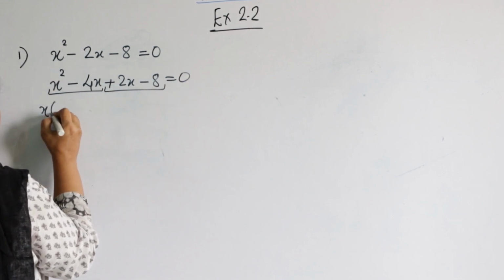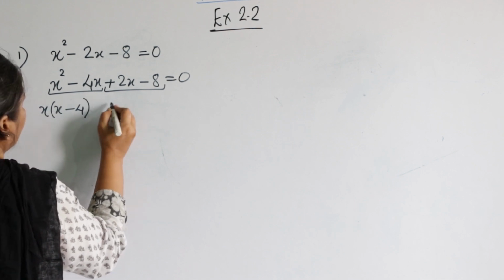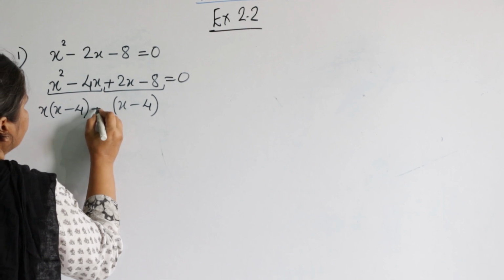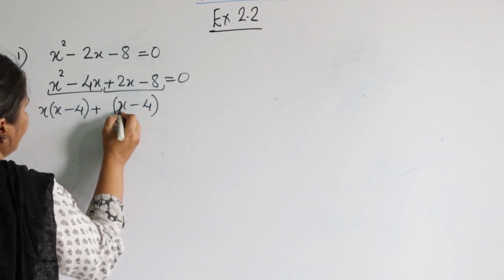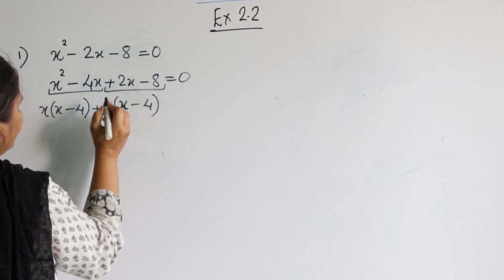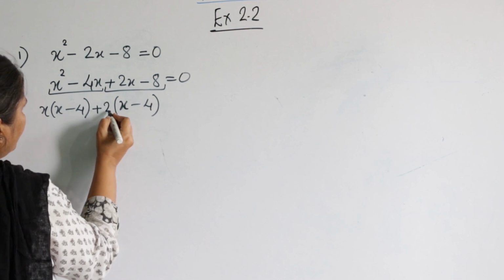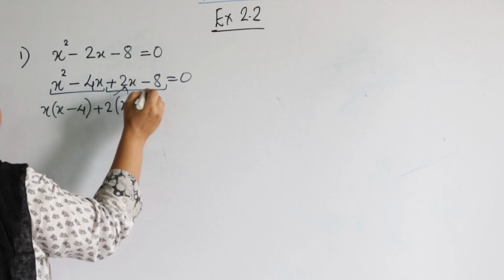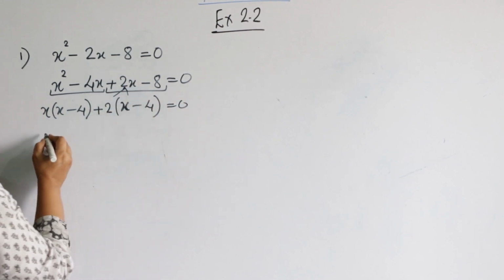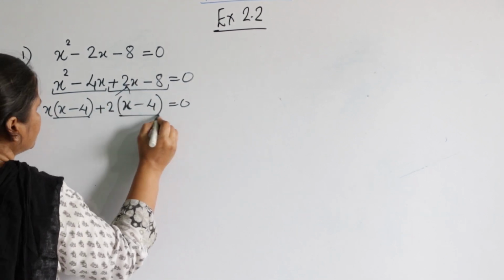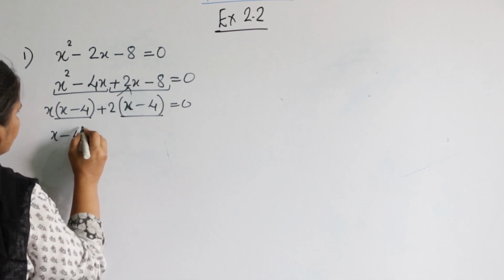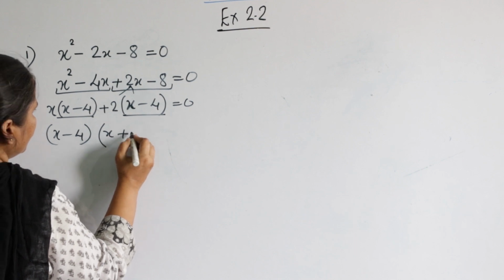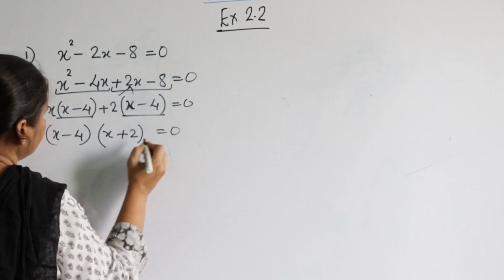So here you have x minus 4, then take x minus 4, and see multiplying by what number you get 2x. When you multiply 2 by x, you will get 2x. Right? This is for your understanding. Now you take x minus 4 common, then in the brackets you are left with x plus 2 equals 0.